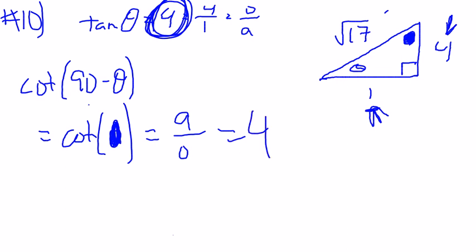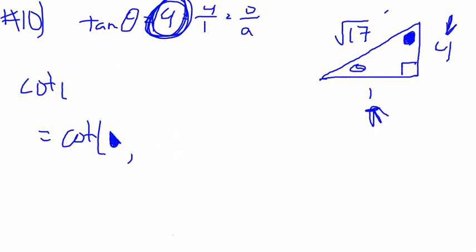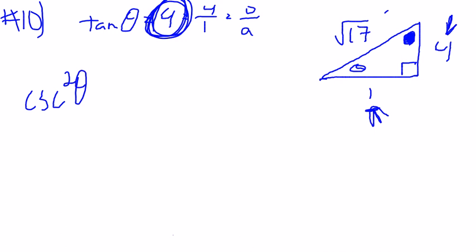Last one, cosecant squared of theta. Cosecant squared is 1 over sine squared theta. So I need to find sine squared theta, and then I need to do 1 over it.